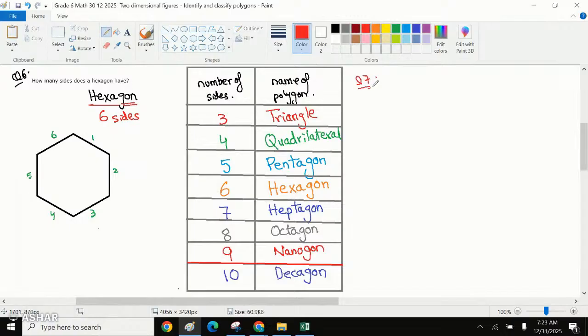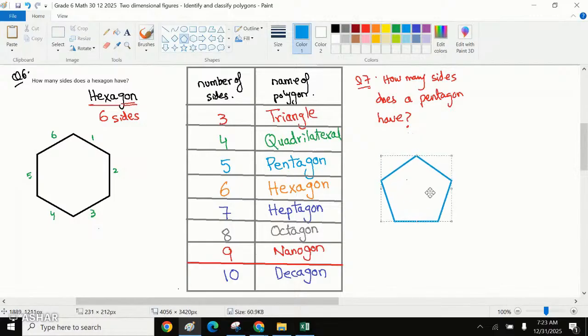If I would give you another example, question number 7 says, how many sides does a pentagon have? So we can refer to the grid. Penta is always 5, right? That means the shape should be something like this. 5 sides.